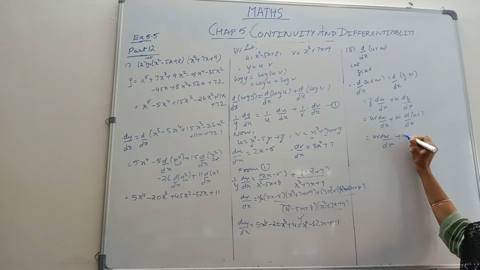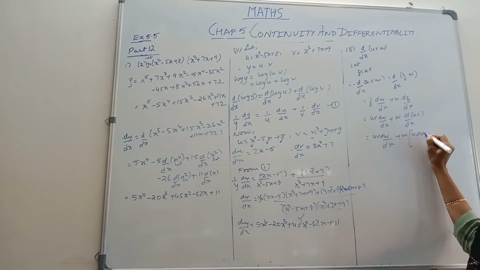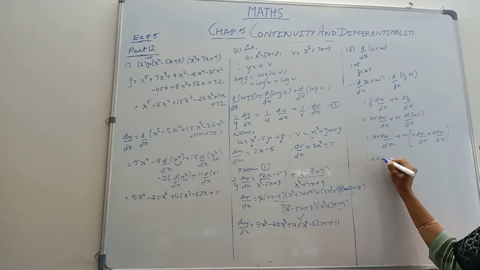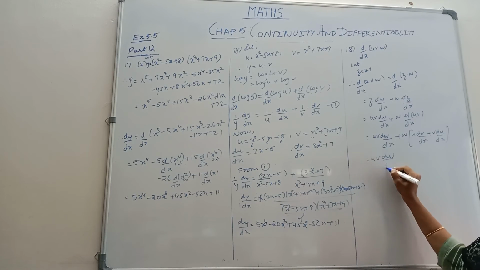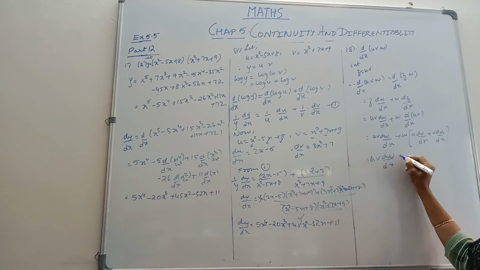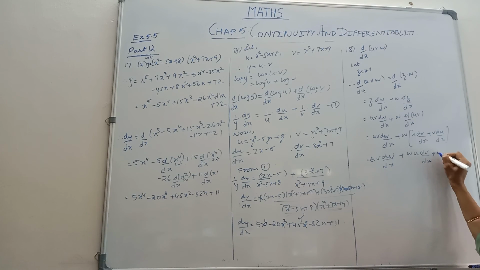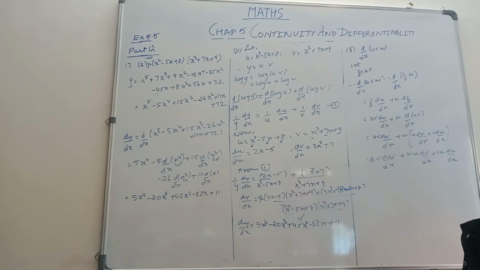We know that it is u times dv by dx plus v times du by dx. So what comes finally? uw dv by dx plus vw du by dx, that's all, right? And that's what they have asked us to find, the derivative.